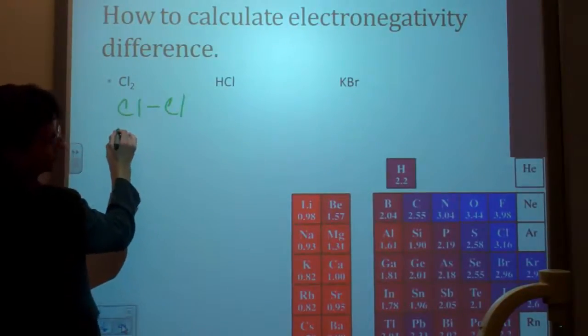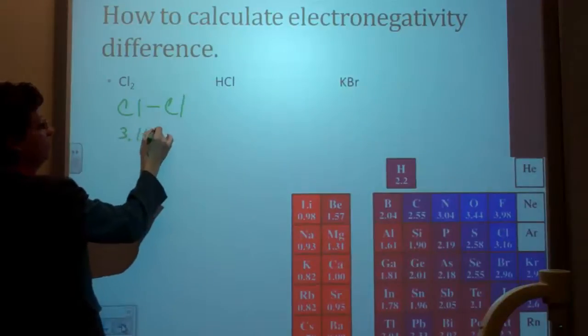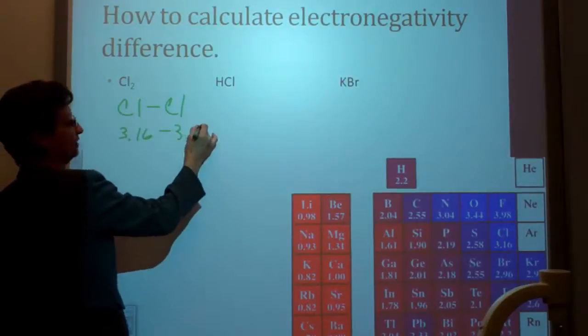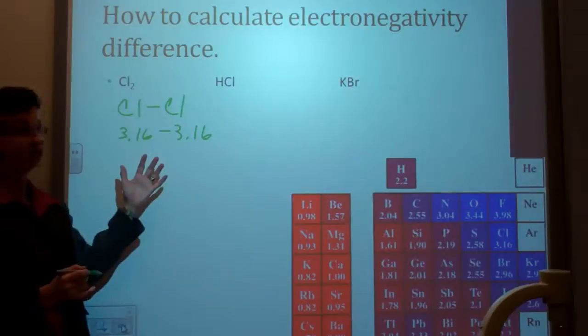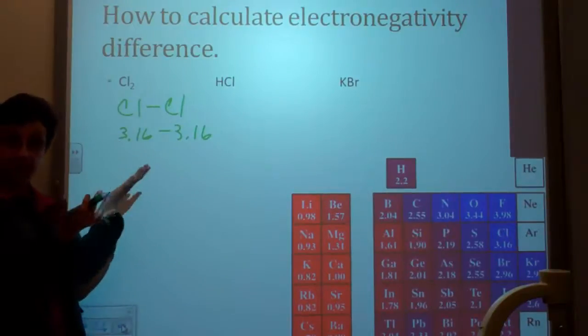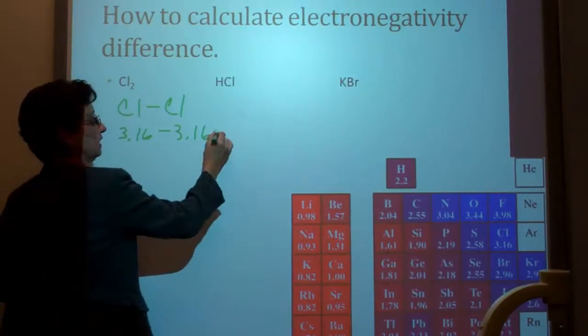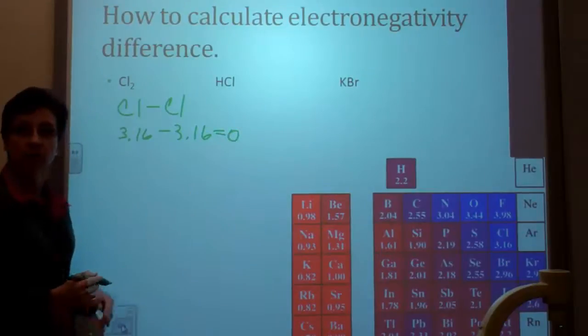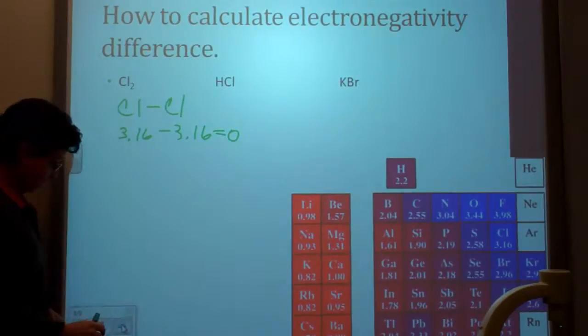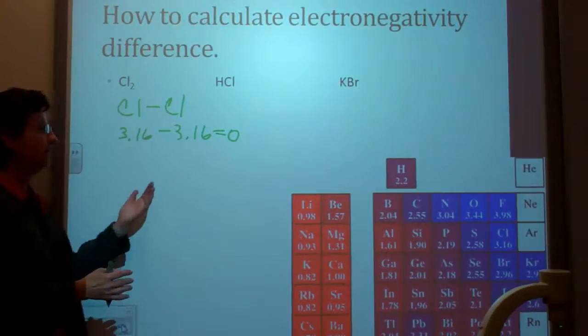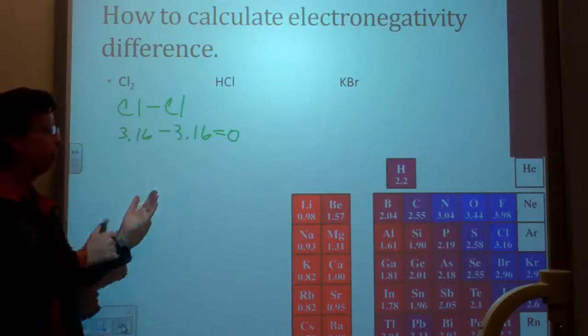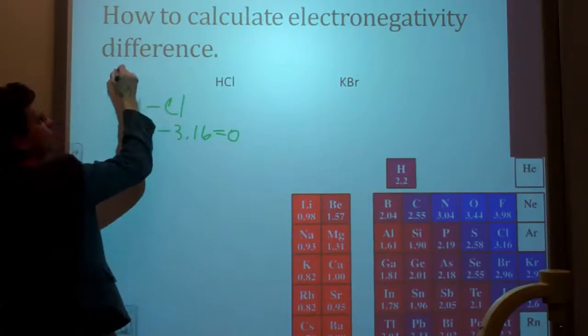It is 3.16 minus 3.16. That's how we figure out the electronegativity difference. So we take the difference of the two, and that is equal to 0. So therefore, looking at our scale that we had formerly, that scale told us that 0 would be a nonpolar covalent bond.